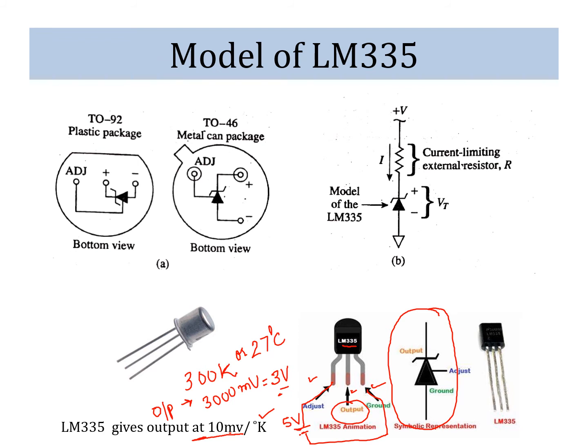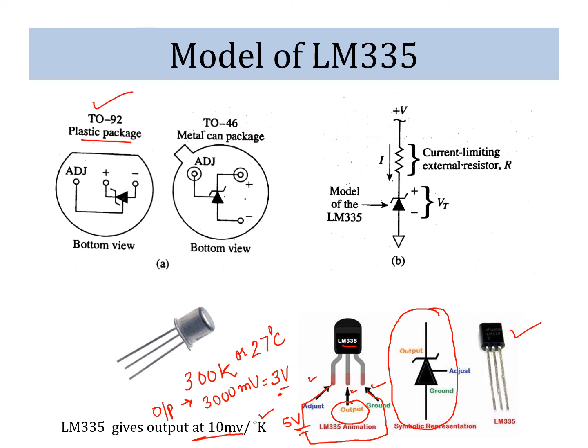That is the range of this IC. That is why we have represented this as a Zener diode, which is known as a constant voltage source when connected in a circuit. This LM335 comes in two encapsulations, one in plastic encapsulation, that is the TO92 package. This is known as plastic encapsulation.